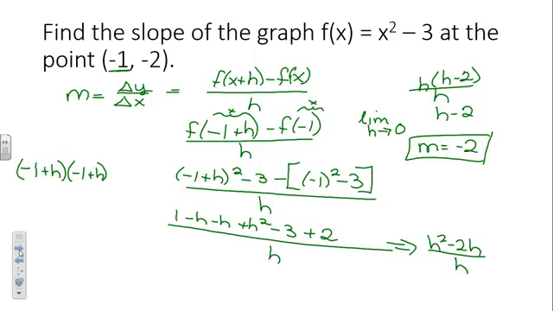Good. Yes, this is nothing different than what you were doing yesterday. It's just that you have to come up with the equation now. So we still want to do what we can to make the h's disappear from the denominator. But we're finding the slope of that curve. So we're taking that limit.